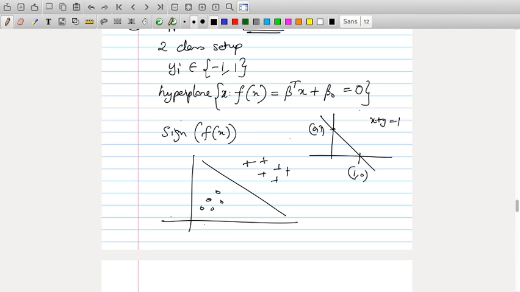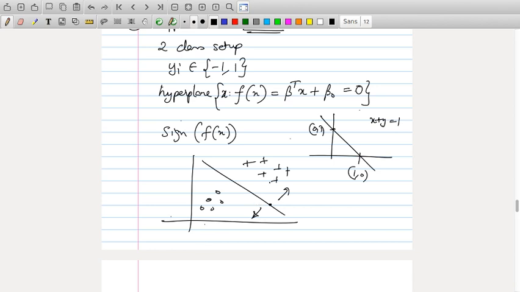All the points on the plane evaluate to 0, so f of x is 0 for x on the plane.